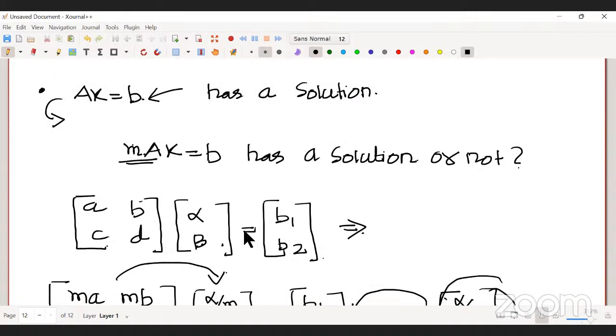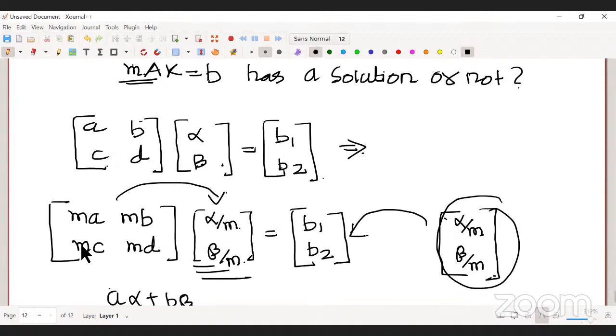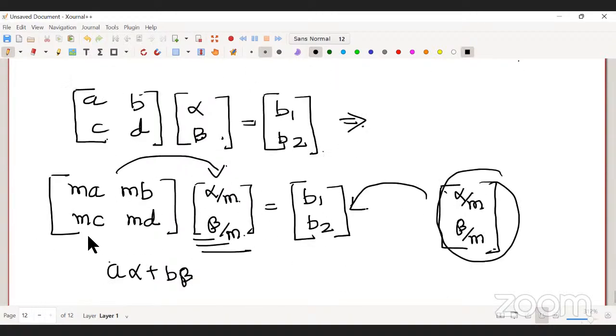I can only change X, so I need to find X. The only thing I can change is basically X. I cannot change A, A is fixed, M is fixed. I have to find X so that this thing holds, right?